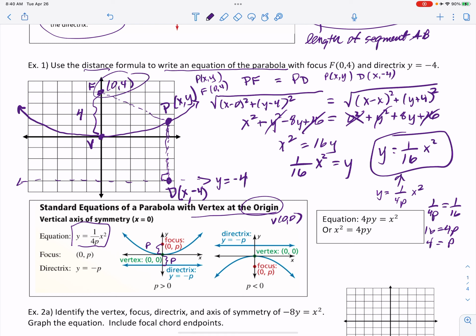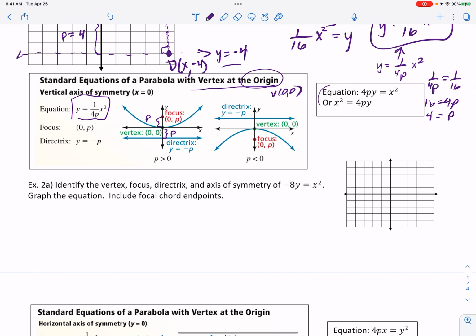So this point is 0, p. It's up p. And then the distance from the vertex to the directrix is 4 units. And so you're down 4 units, so the equation of the directrix is y equals -4. It's going to be important to note that the distance from the vertex to the focus is p units. The distance from the vertex to the directrix is p units.